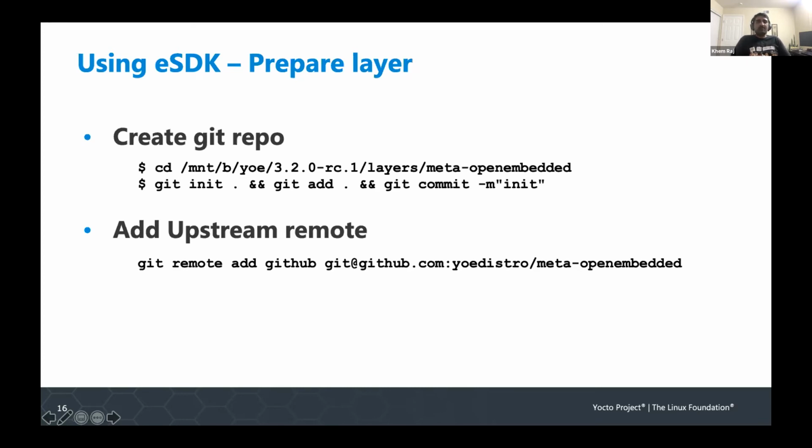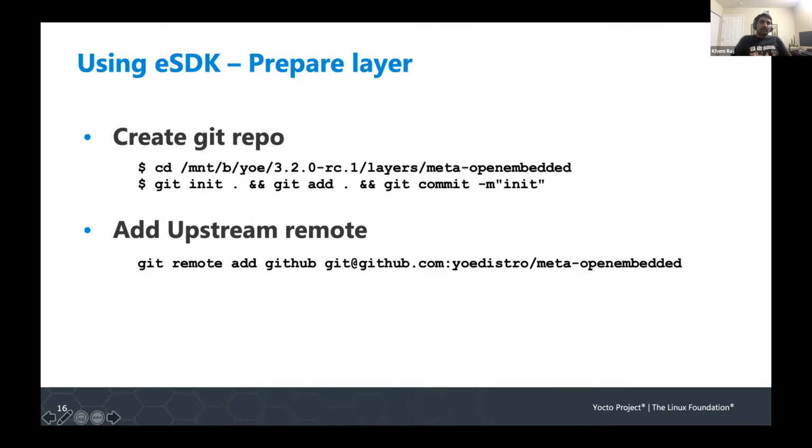I mean, you have the layers, but they are not under a Git repository. So what you could do is initialize a Git repository in one of them, and then add a remote, which is your upstream repository for that layer, wherever it is.